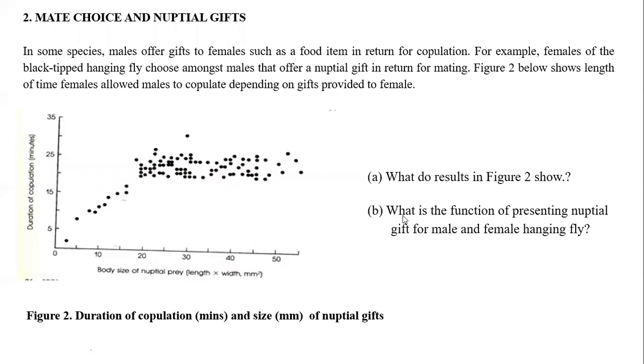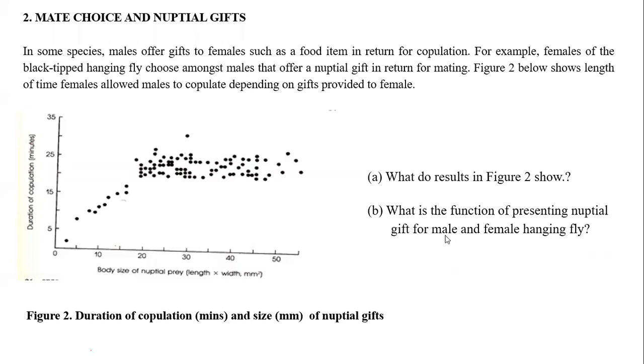So we got this last part which says, what is the function of presenting the nuptial gift for male and female hanging fly? Again, we have said that the issue of function is Tinbergen's question number 4. In other words, we are still looking for the adaptive value of presenting the nuptial gift.